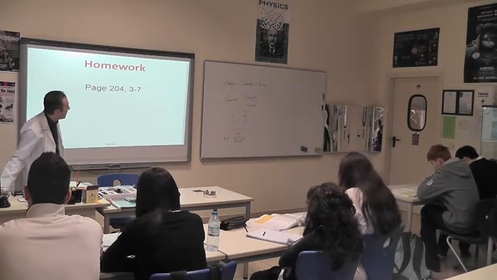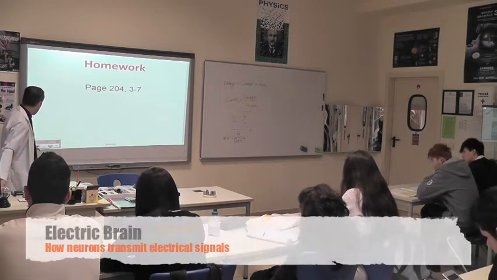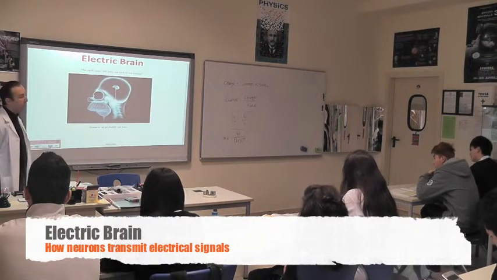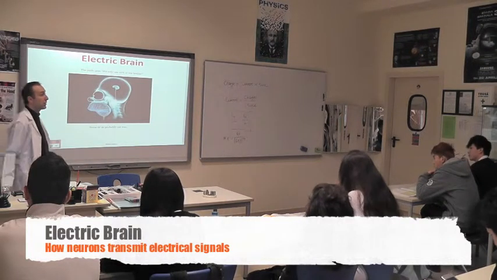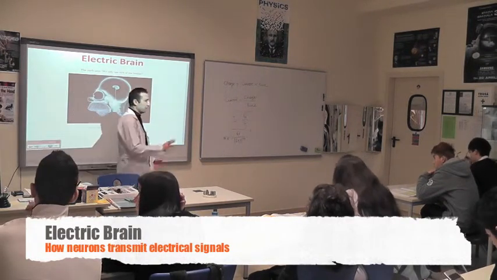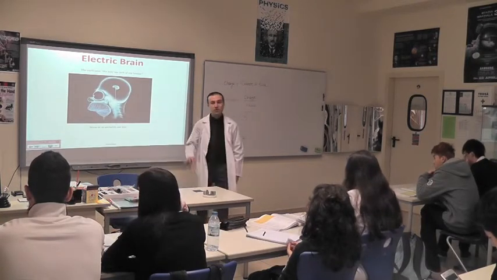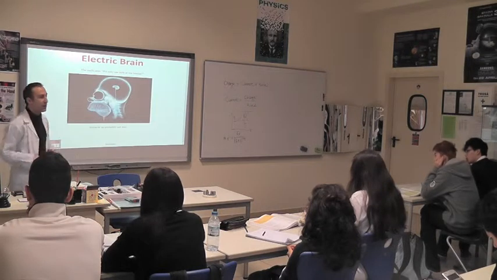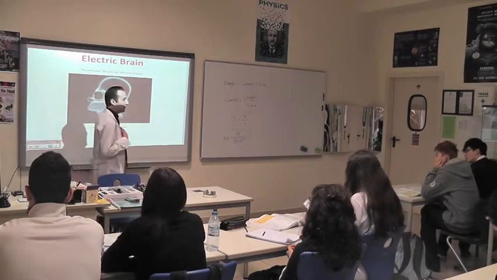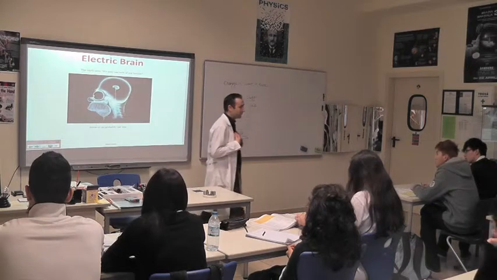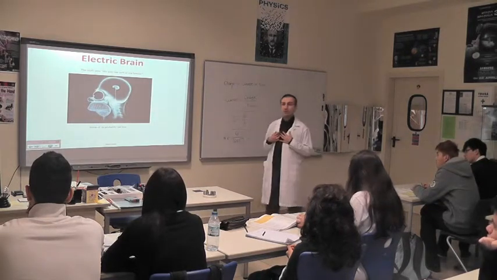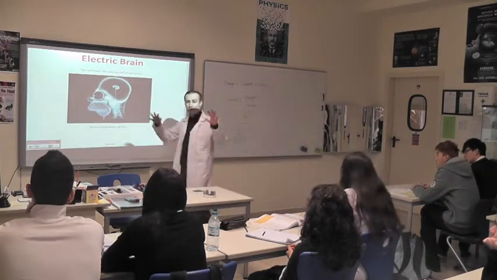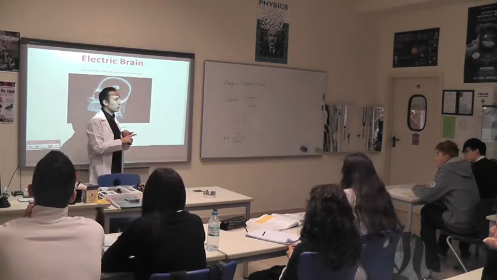Alright, so we are going to continue today with the point we left last time. I told you that we are going to talk about the human brain a little bit, because it's all related to those charge carriers and current electricity. In general, we can say our human body is a kind of electrical machine. It works with electricity. All your 5 sensors, I told you last time, right?